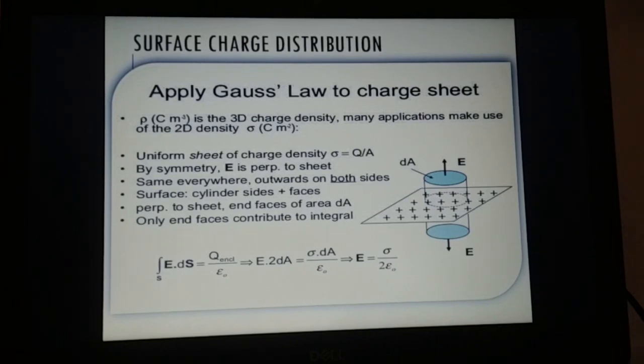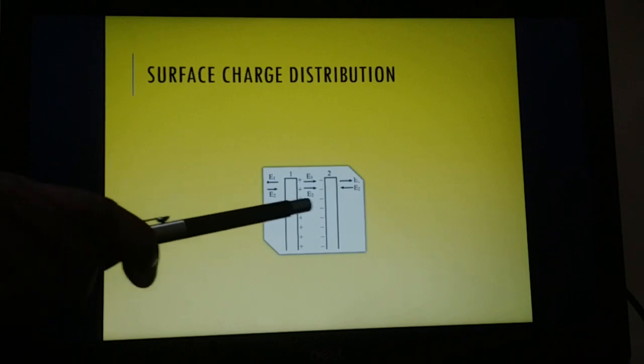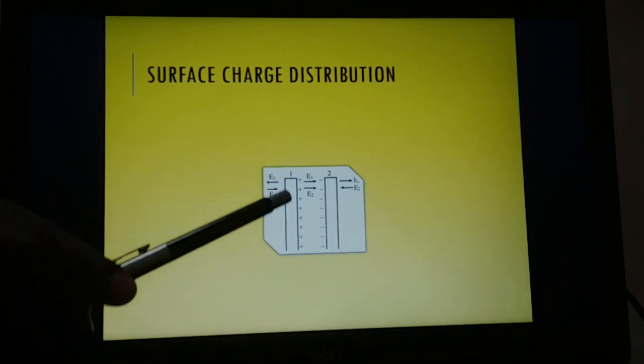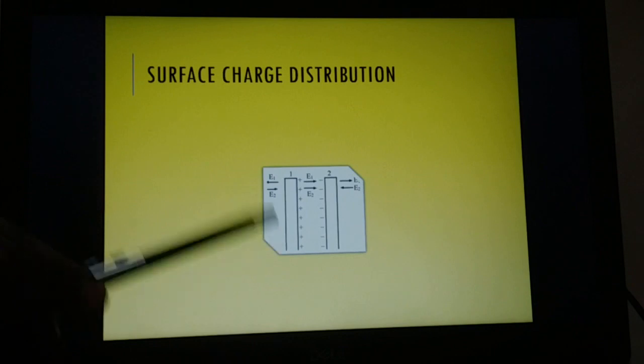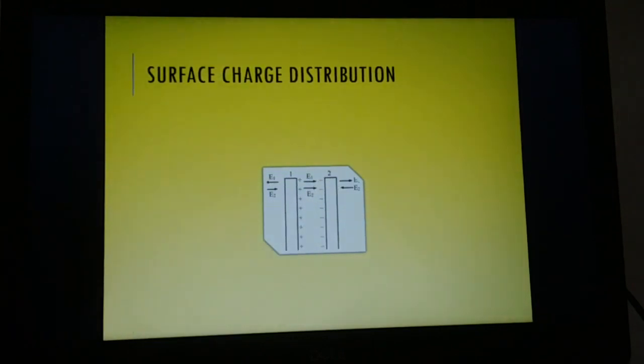Now I show you an interesting diagram. See, in this diagram you can see two sheets, 1 and 2. And look at the diagram very carefully. The first plate is provided with positive charge, and the second plate is provided with negative charge.